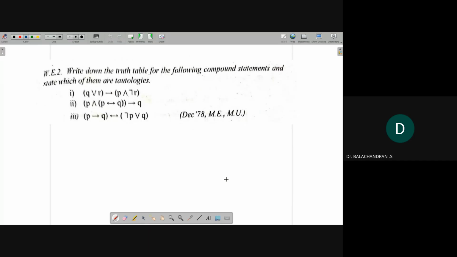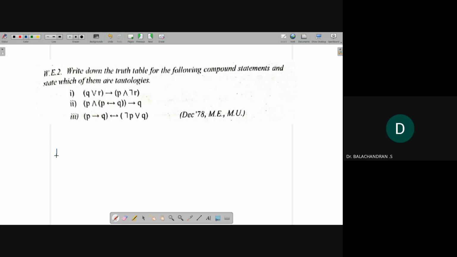Now write down the truth table for the following compound statements and state which of them are tautology. The first one has three variables, P, Q, R, so it is a little bit lengthy. The second one has P and Q, only two variables. The third one also has two variables, P and Q. First we will discuss the first one. For the first one, what do you need?